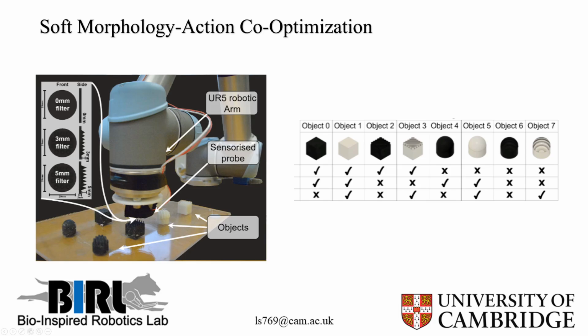So the robot is not only able to change its motion, to change by how much it can slide left and right or downwards, but it can also change the tool that it's using to sense objects. It can choose to have a flat dielectric or a dielectric with these spikes.